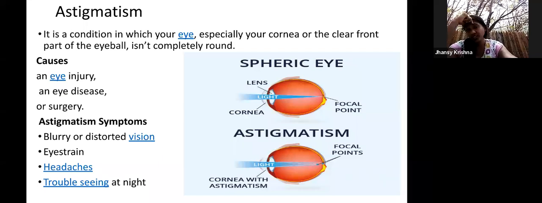Causes include eye injury, eye disease, or previous eye surgeries. Astigmatism symptoms include blurred vision, distorted vision, eye strain, headache, trouble seeing at night.